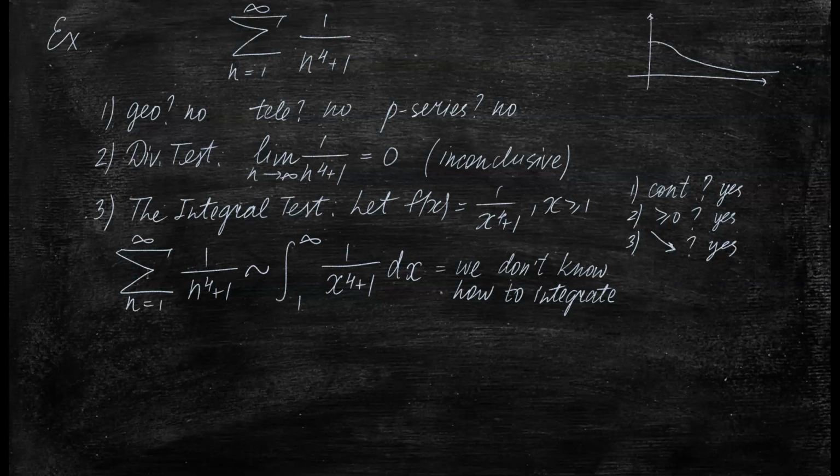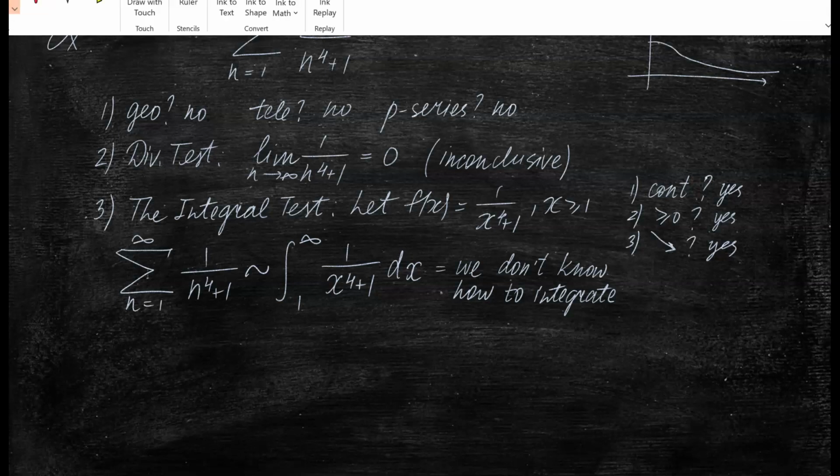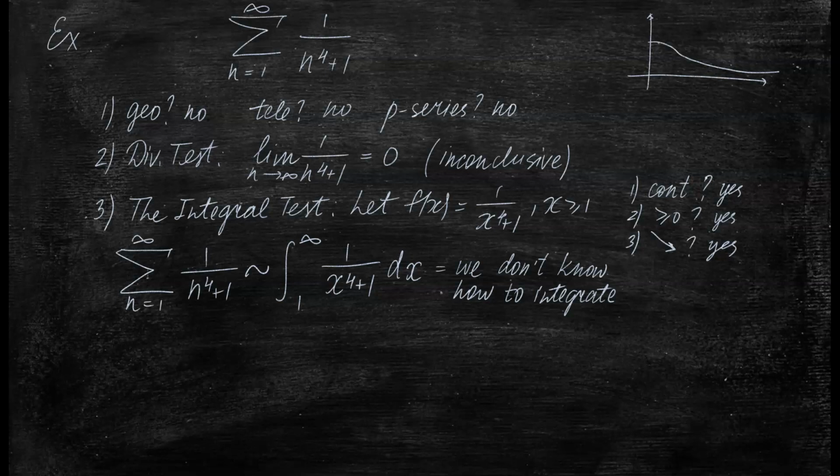Well, we can consider the following argument. Let's observe a few things. And the first thing we want to observe is that this series, by the way it is written, is definitely less than 1 over n to the power of 4. Why is it so? Because on the left side, we have this extra plus 1 in the denominator, which makes the denominator larger, which makes the overall ratio smaller.